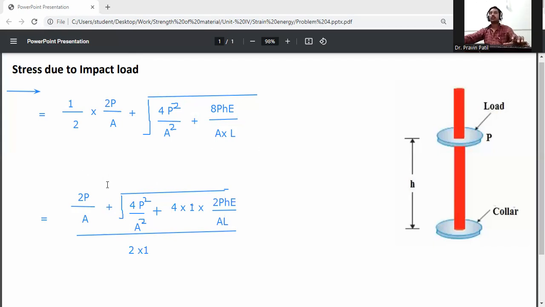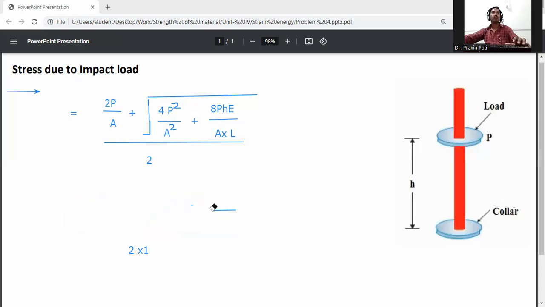It will not get cancelled, actually. This value in total is equal to 2p by a, and this is whole divided by 2 actually. Okay, whole by 2. Now solve this equation.